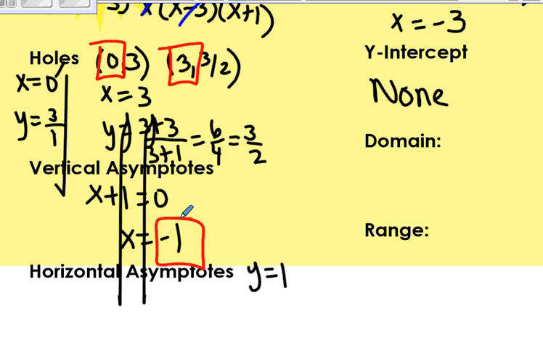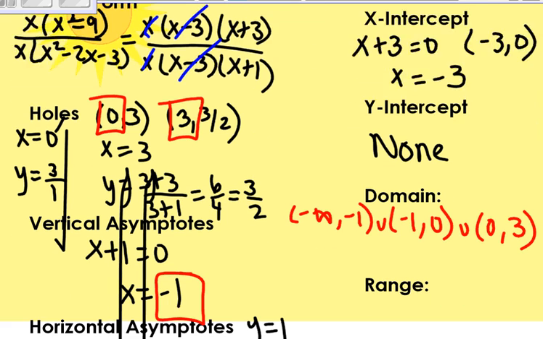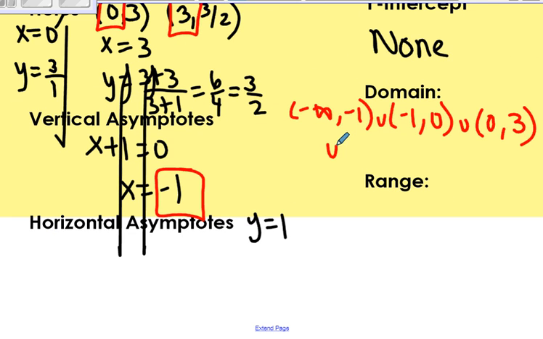We're going from negative infinity to negative 1, union negative 1 to 0, union 0 to 3, and then another union of 3 to infinity.